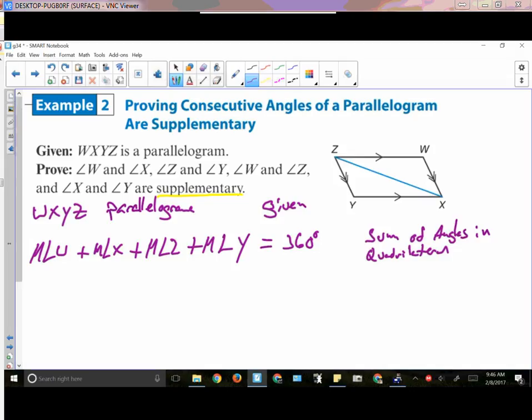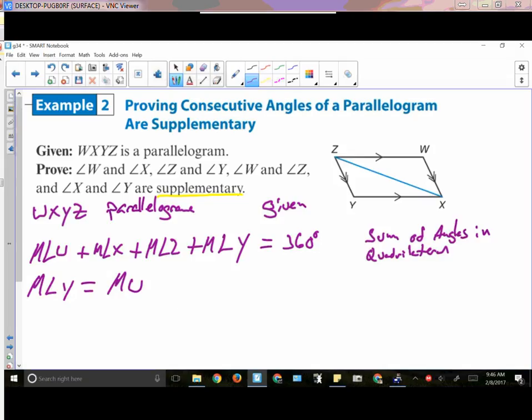Now, what do I know about angles in a parallelogram? You brought it up before that opposites were the same, correct? So could I say that the measure of angle Y is equal to the measure of angle W? Okay.